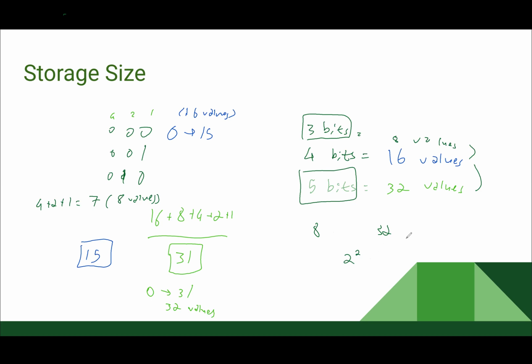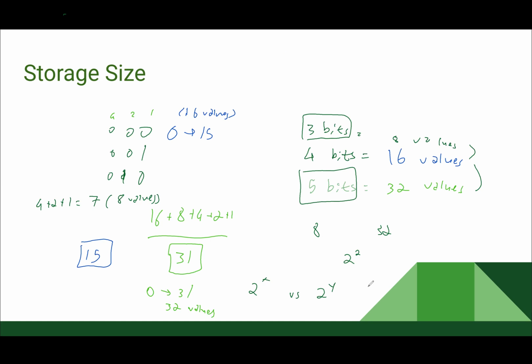So if we have any 2 values of bits, x and y, so 2 to the x versus 2 to the y, whatever the difference is is how many more values we can store.